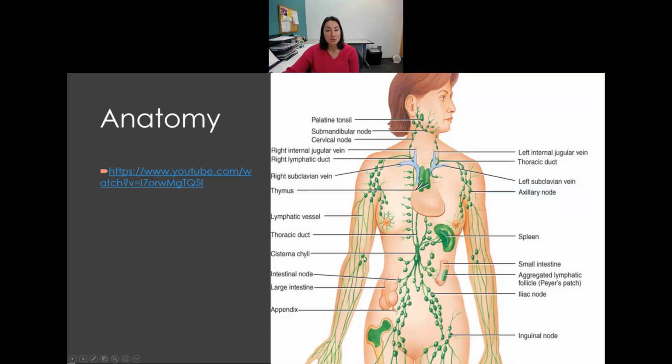The lymphatic system is very important with our immune system, with helping catch and remove toxins or irritations, but it also plays a role in spreading infection if we do have infection, such as cancer. If it gets into the lymph nodes, then it can spread throughout the system. So you have to be careful, and that's one reason they would remove lymph nodes in a cancer patient.